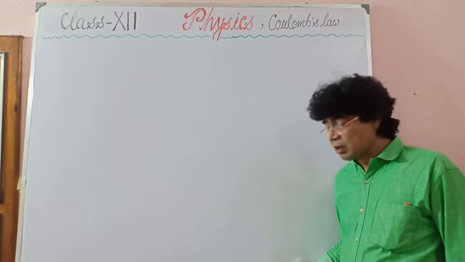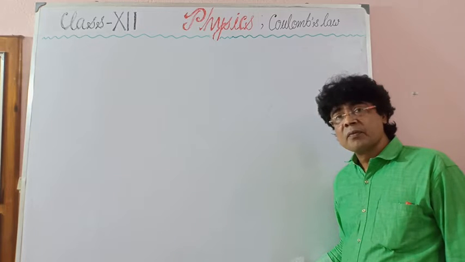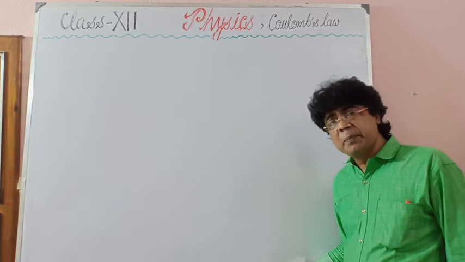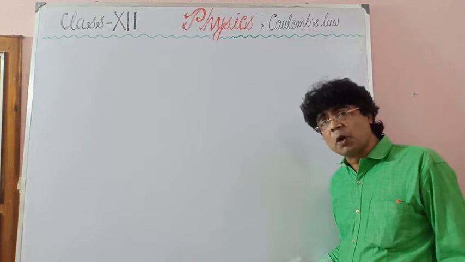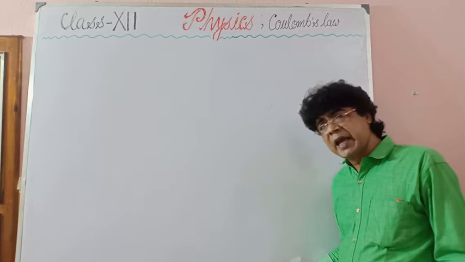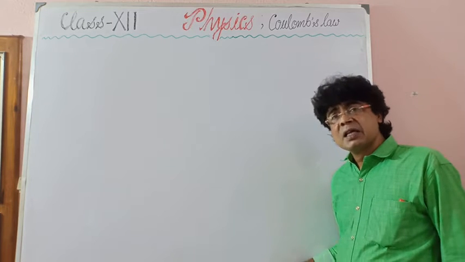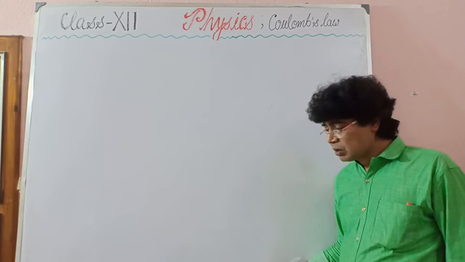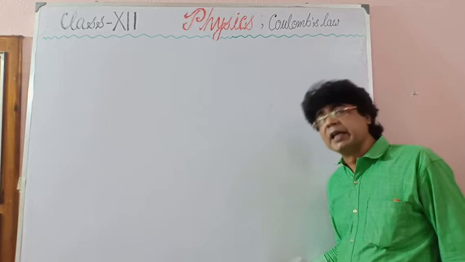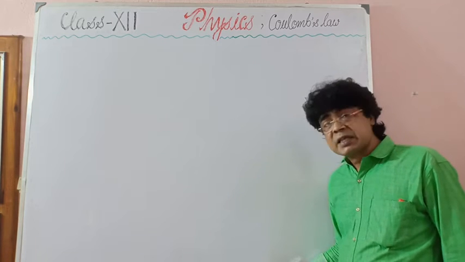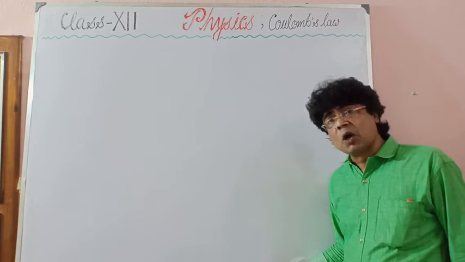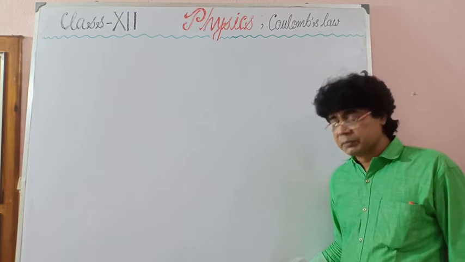For example, suppose two similar sized charged objects, spherical shaped, of diameter 1 millimeter, are separated by a distance of 100 meters.